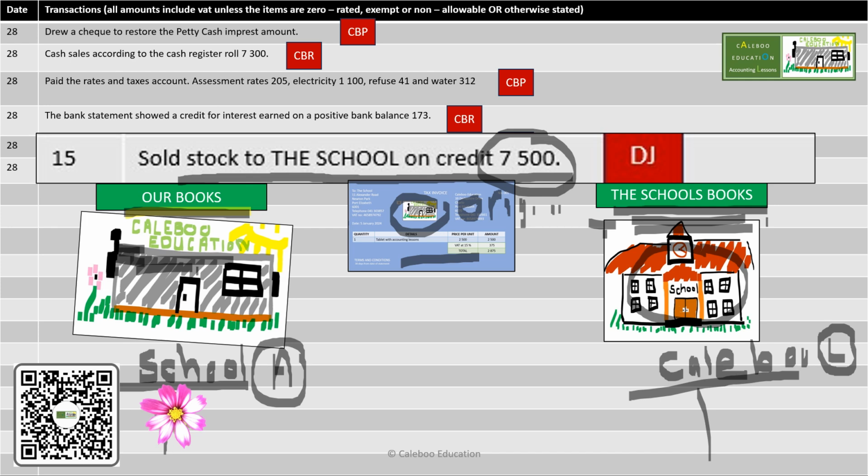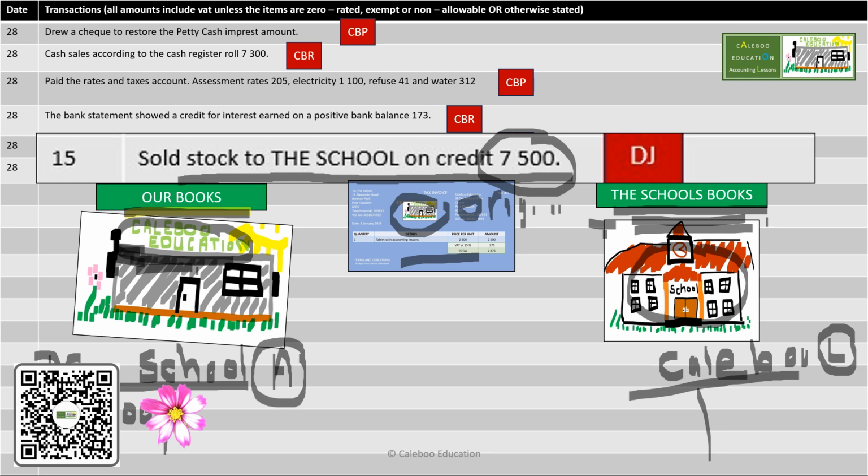On the debit side of the school, there's an increase in assets because the school owes us, Calibre Education, more, and the rule says increase in assets we debit. So the school in the books of Calibre Education gets debited. Remember the left hand side.